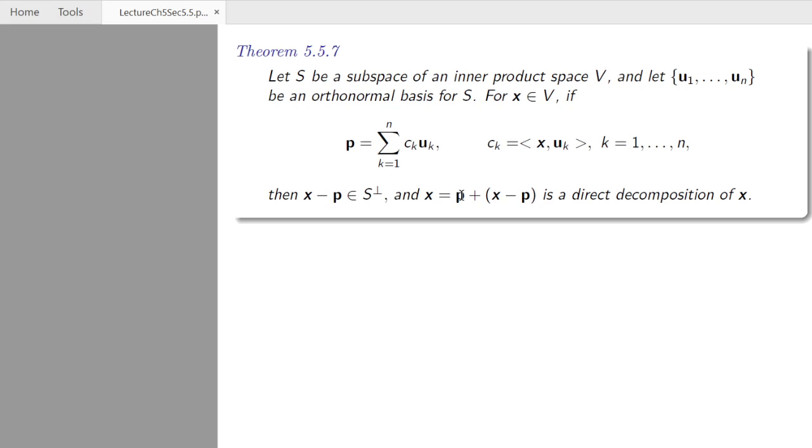Because P belongs to S, and X minus P belongs to the orthogonal complement of S.